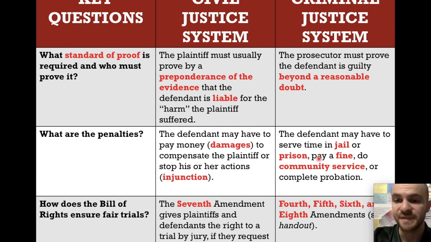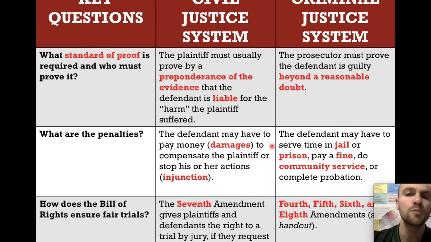Other penalties in the criminal justice system: you may have to pay a fine if you are a defendant that is found guilty, do community service, or complete probation. Now, in the civil justice system, most of those penalties do not exist. There is no jail time, there is no prison time, no community service, no probation.